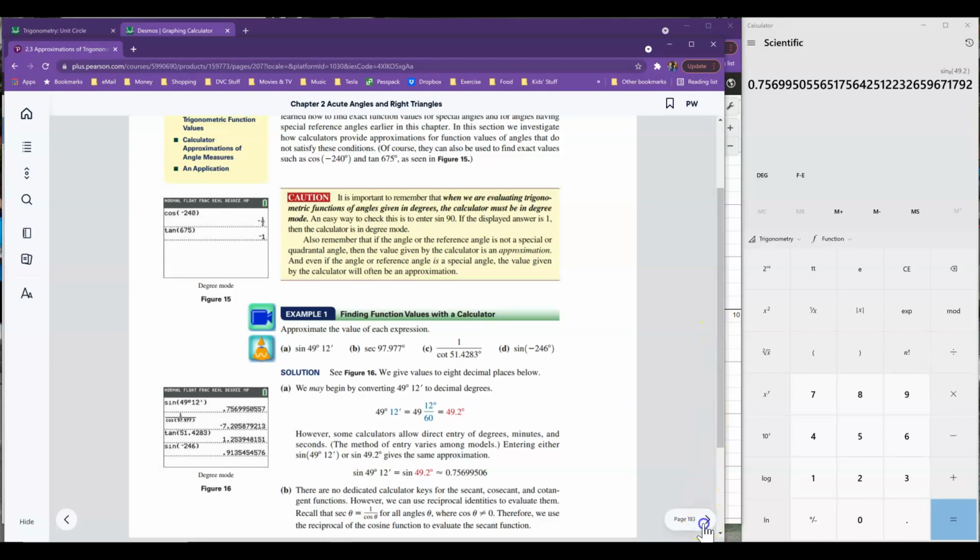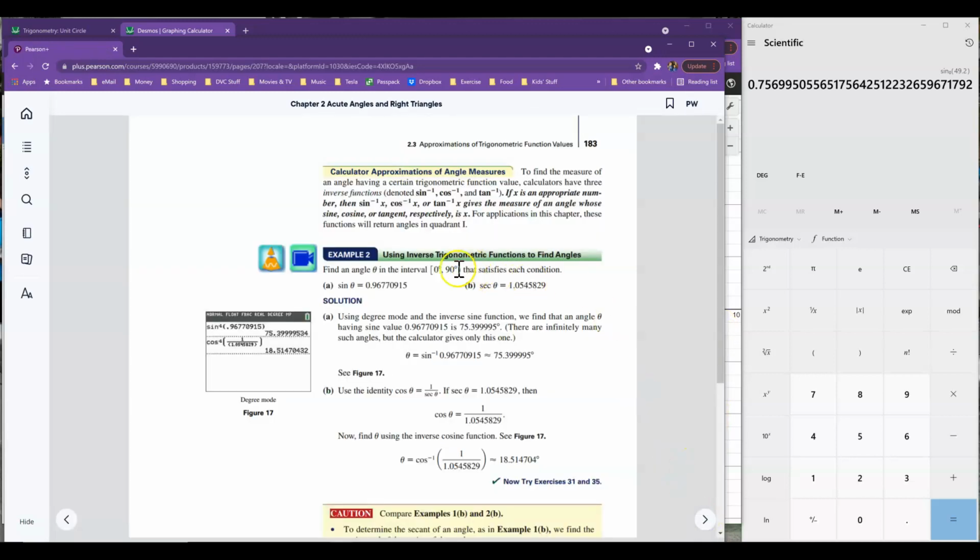And the next thing the book looks at is using the inverse of trigonometric functions to find what the angles would have been. So again, the book's a little ahead of what they're going to do later, because later we will talk about inverse trig functions in great detail.